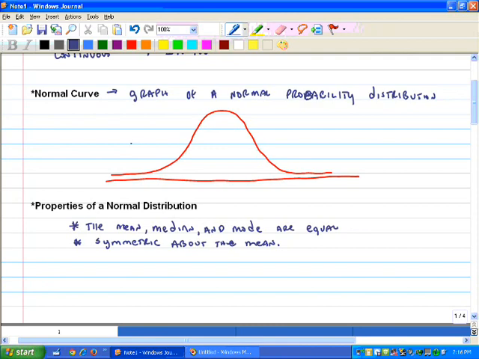That means if this graph were on the x and y axis, there's a line of symmetry, an axis of symmetry, straight down the middle, and that x value is the mean of this probability distribution, where half of the curve lies to the left of the mean and half of the curve lies to the right of the mean.